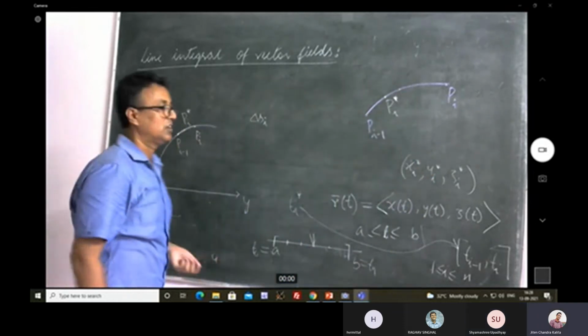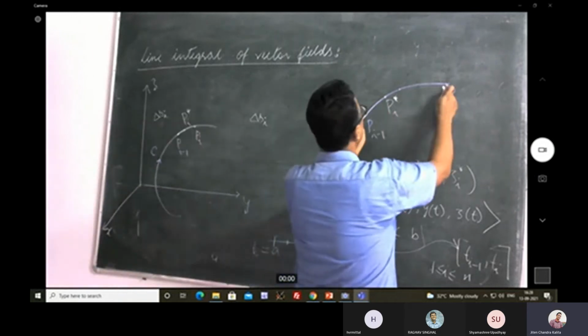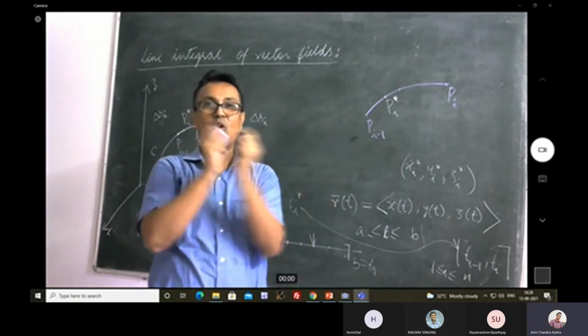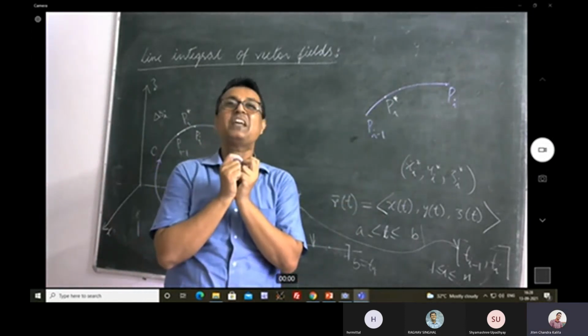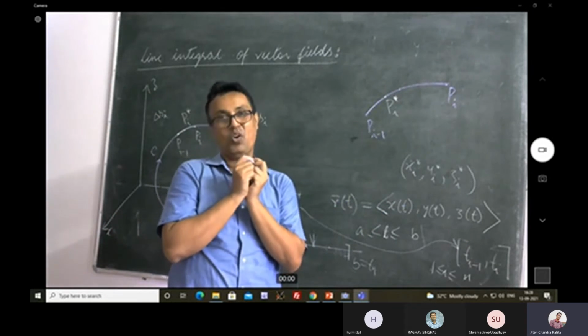Remember this arc is very small, although I have magnified it. It is of elementary length, so delta s_i is extremely small.